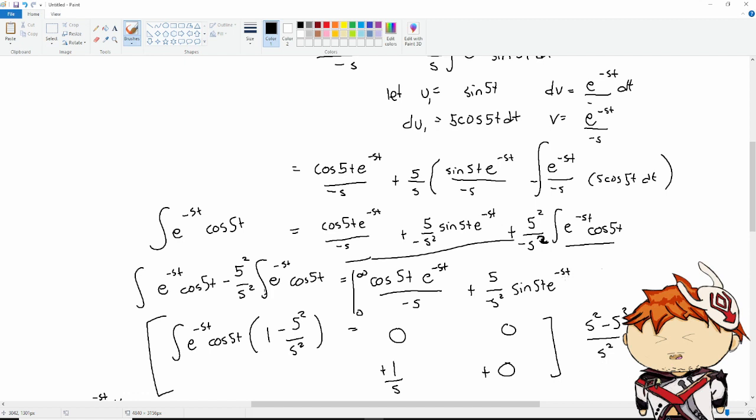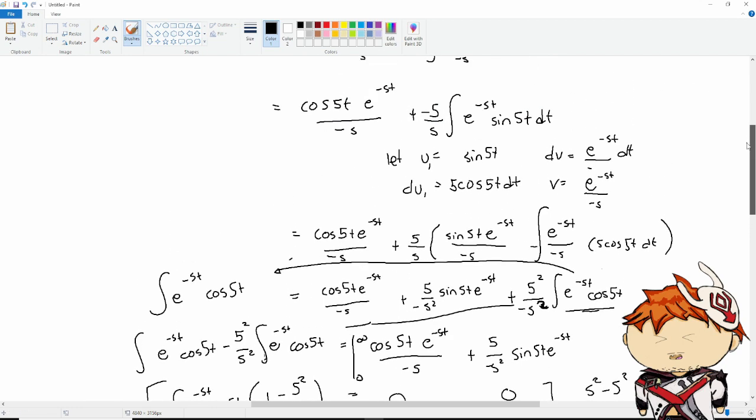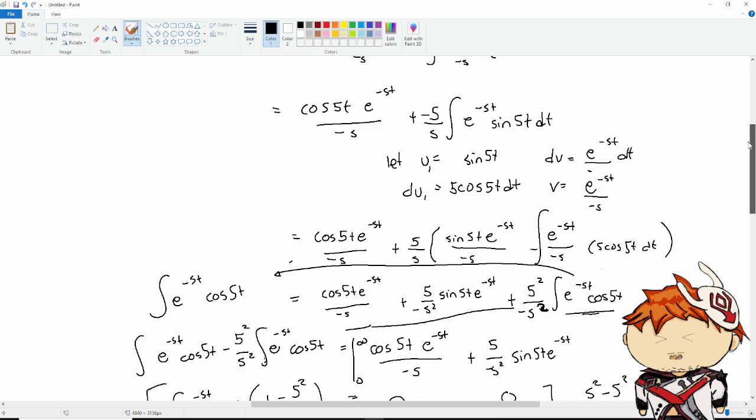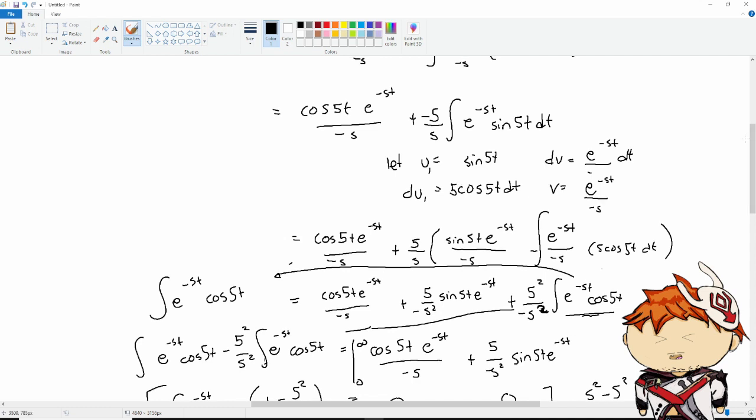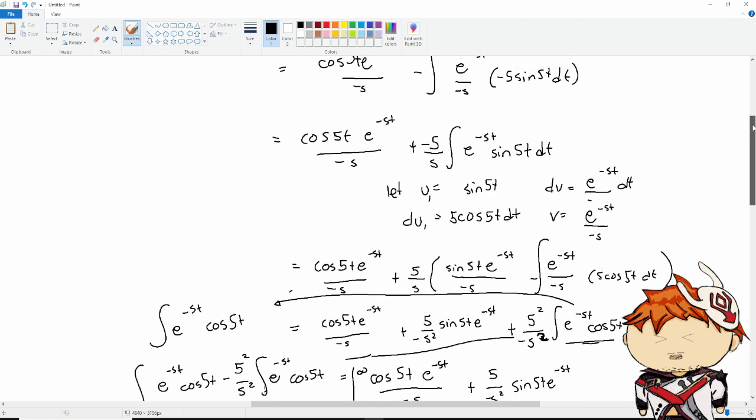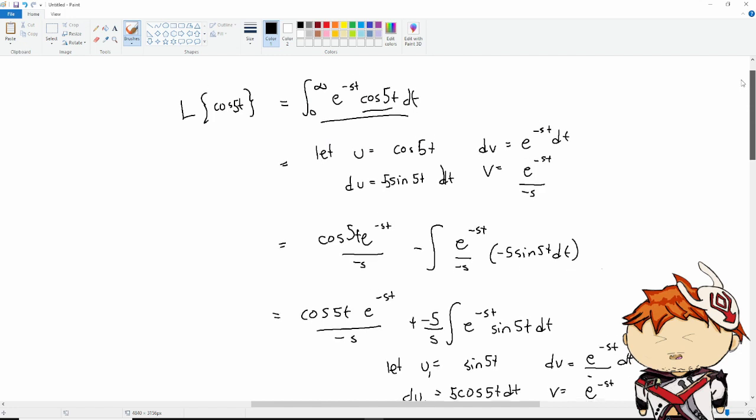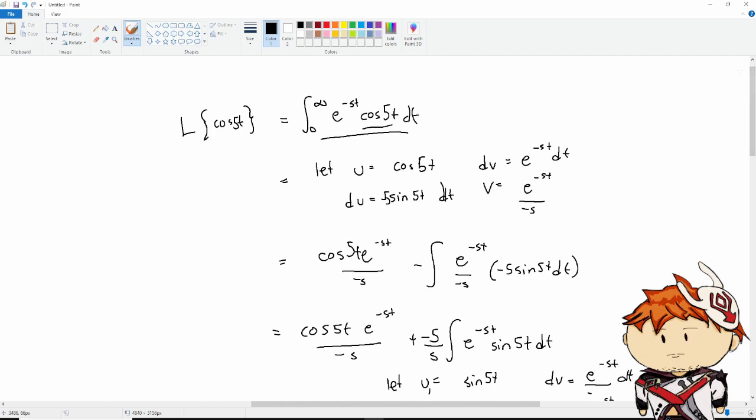So in order to stop it, we can move this term to the right side and basically get the difference between the first term and the last term, considering that we already integrated e to the negative st times the trigonometric function.